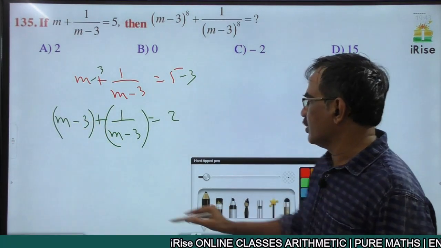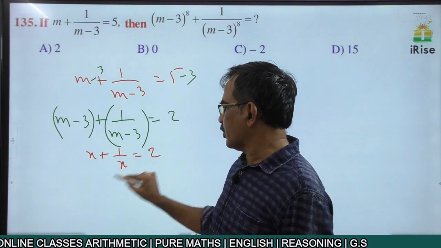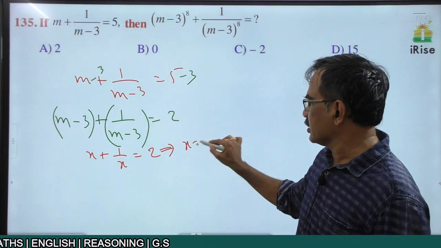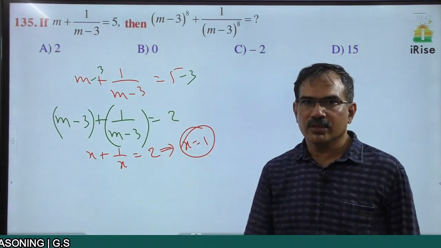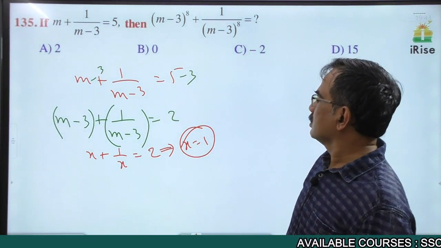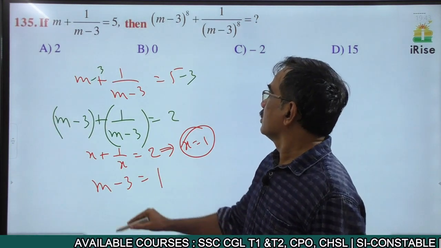This is in the form of x plus 1 by x is equal to 2. If x plus 1 by x is equal to 2, what do I have? This implies x is equal to 1 is the conclusion. If x plus 1 by x is equal to 2, then x is equal to 1. That means m minus 3 is equal to 1.